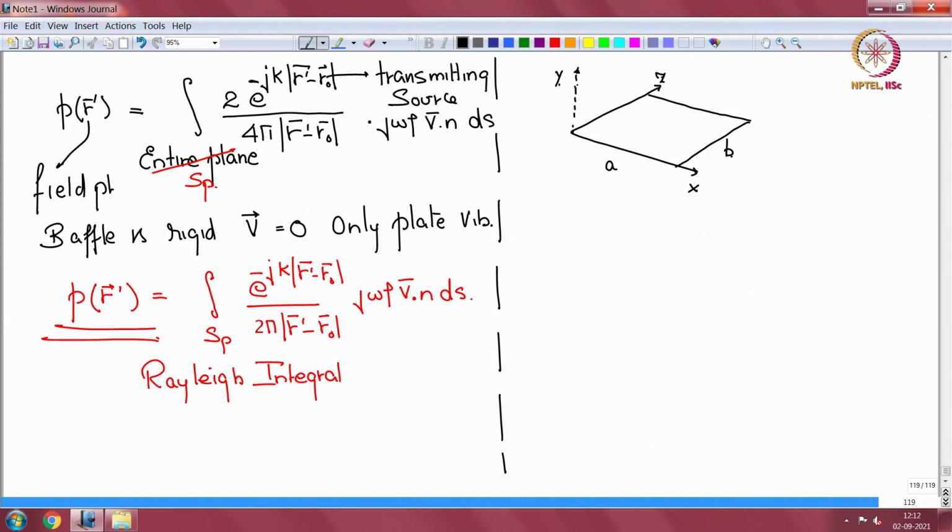And let me say that this portion I am taking from the book by Frank Fahey, and its title is somewhat Sound and Structural Vibration, Radiation and Transmission or something like that.